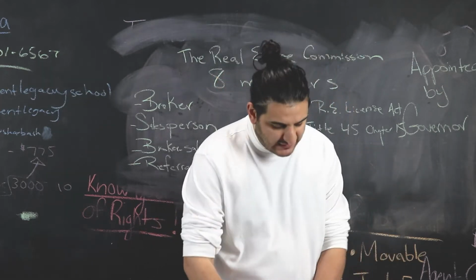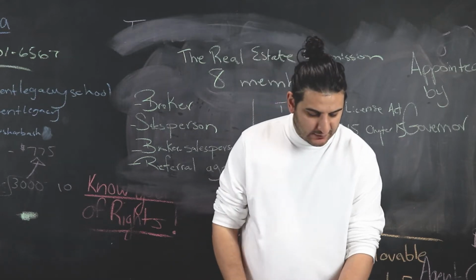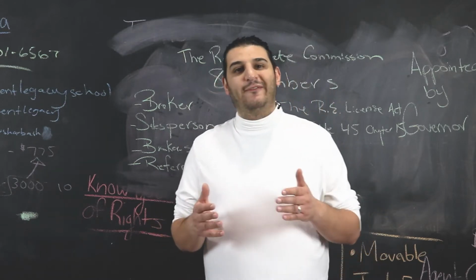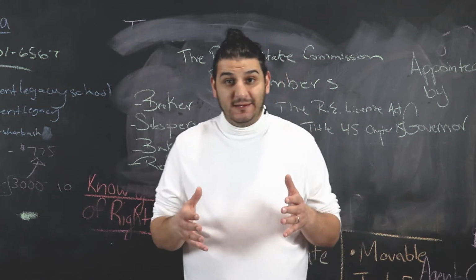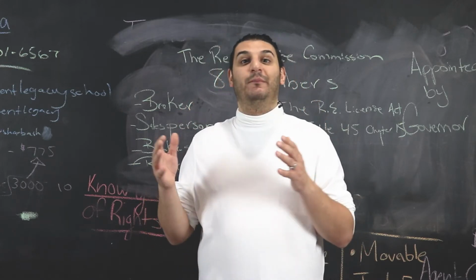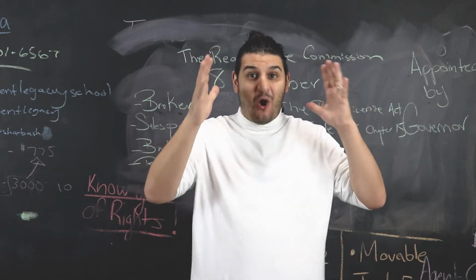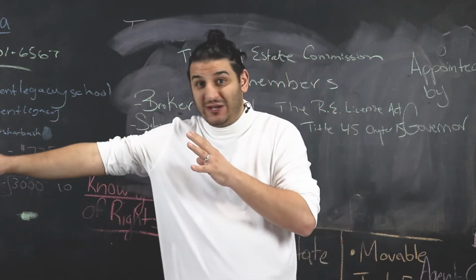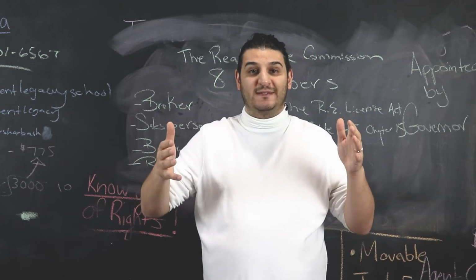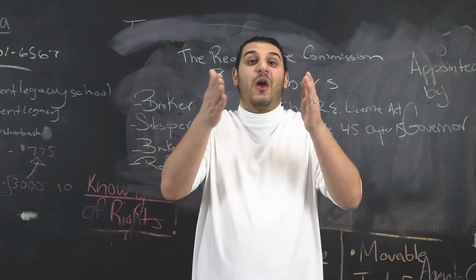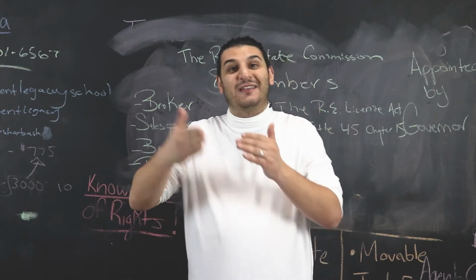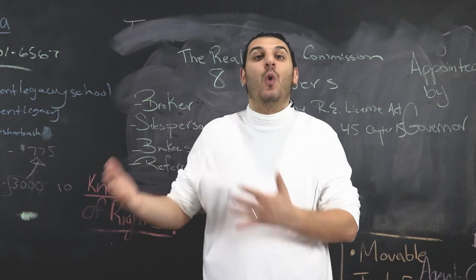Okay. Now, when we discuss a main office, a main office can be in the home of the broker. Just remember that, the main office, not the branch office, can be in the home of the broker as long as what?